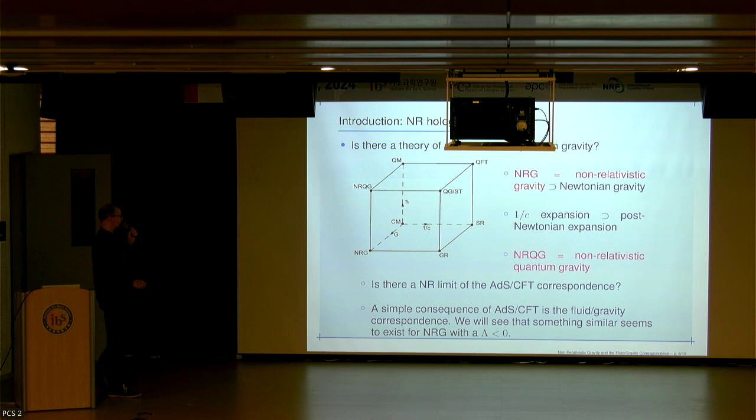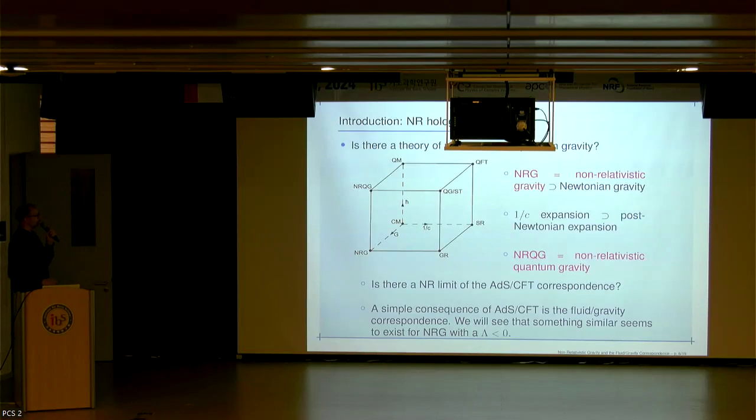So I think this idea may actually allow us to study quantum gravity from a different perspective and maybe learn a lot about this. So this is one of the motivations why people study non-relativistic string theory, because that could be one particular incarnation of that particular corner.